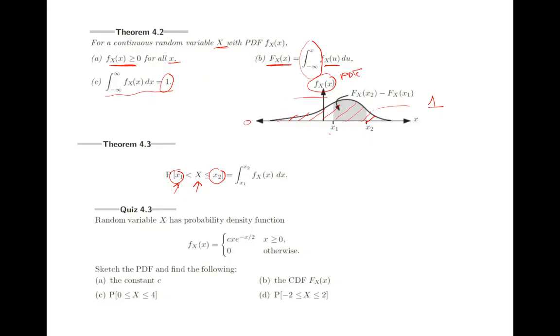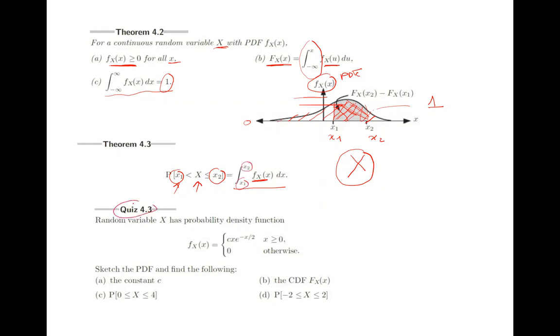We have two values of the random variable, let's say capital X, and we want to know the probability that the random variable is in between these two values. So we have to determine this area actually. We simply take the integral of the PDF over the range x1 to x2.